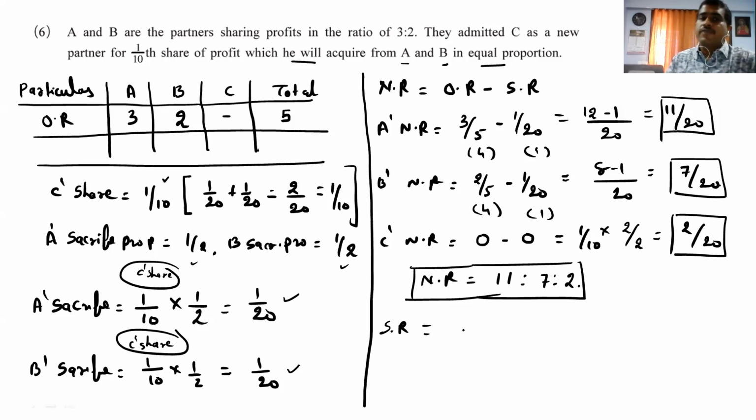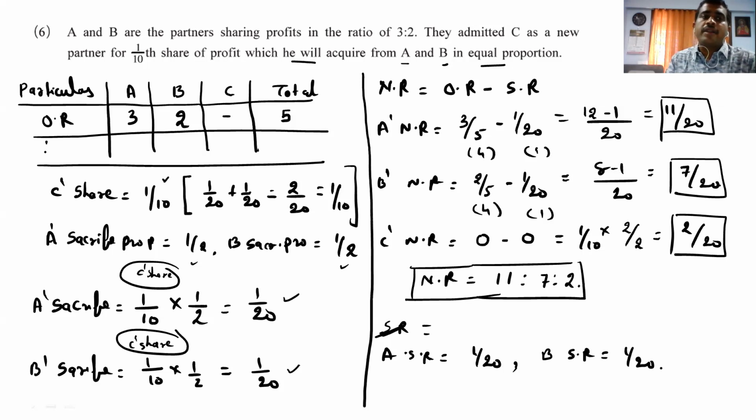Sacrifice ratio is, we know, old minus new, that also we will get. But there is no need to do that. Why? Because A sacrifice is already given to us, 1 by 20 and 1 by 20. So we can write A sacrifice is equal to 1 by 20, while B sacrifice is equal to that also 1 by 20. So the sacrifice ratio comes to 1:1.